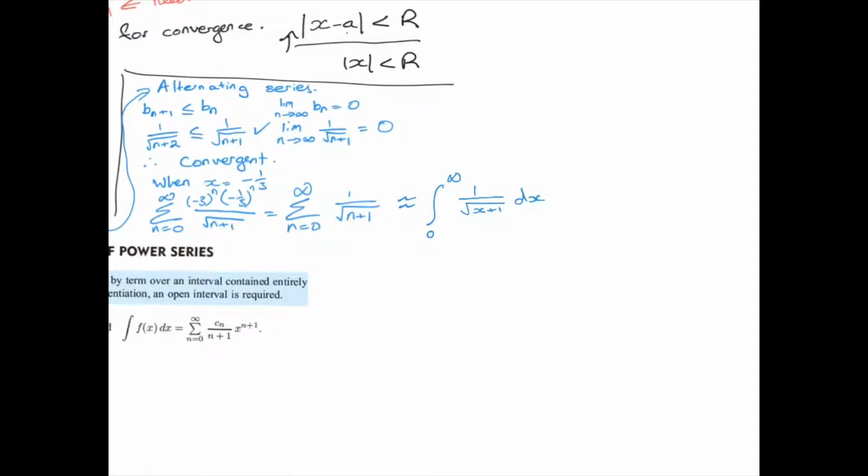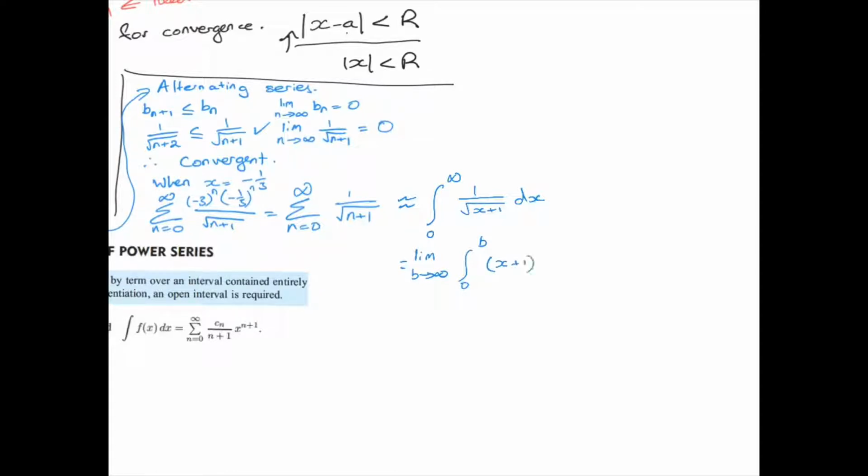How are we doing? Okay. First of all, it's an infinite integral, so what do I do? How do I find it? The limit as b approaches infinity of the integral from 0 to b. And I might rewrite the whole thing.